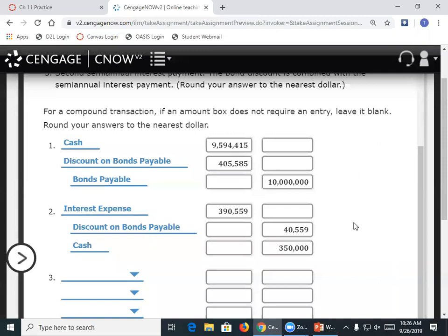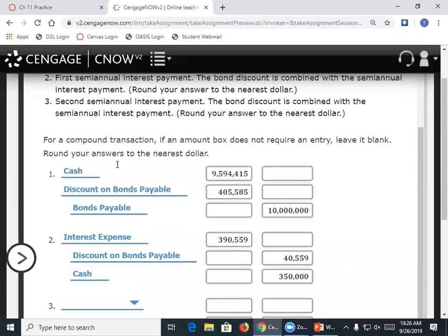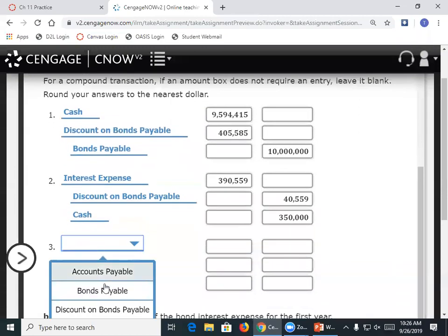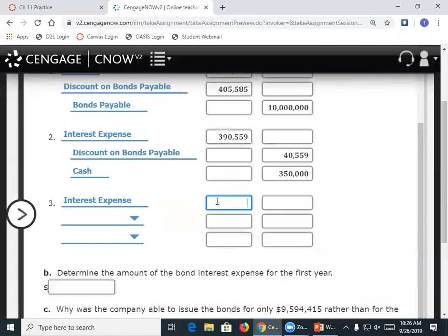So again, all we have to do is calculate the discount amount, calculate the amortized discount, calculate the interest payment. And then we do that same second journal entry every 6 months for 5 years. So on number 3, when it says the second semi-annual interest payment, you're literally doing the same thing.